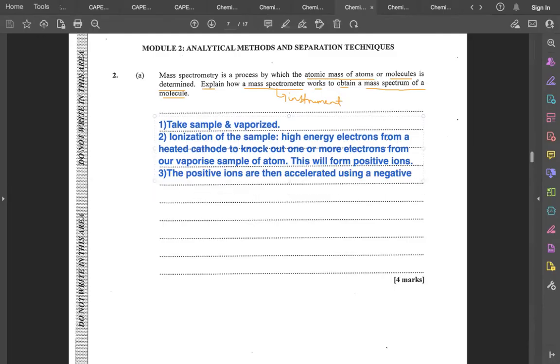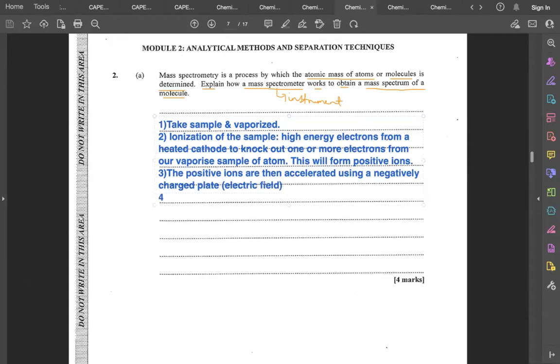We have a positive ion, so the negatively charged plate positioned in our spectrometer acts like an electric field. So we're able to accelerate the positive ions that we made from step 2 using this negatively charged plate.